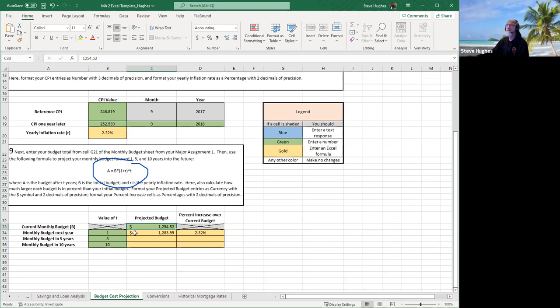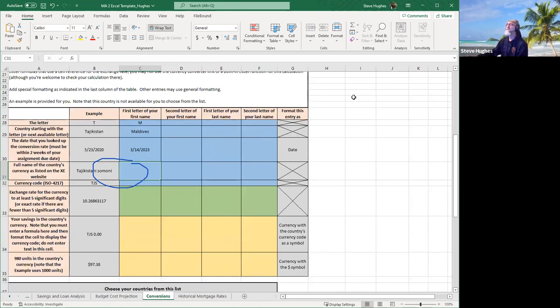I wouldn't want my initial projected budget to go down. So if I wanted to lock it in place, I would put a $ sign, not a percent. I would put a $ sign in that formula so that it would remain locked. Okay. So remember, a $ sign between the letter and the number always locks it in place, the letter and the digit. All right. Good, good. Moving on, guys.